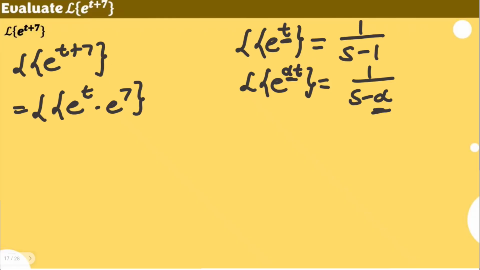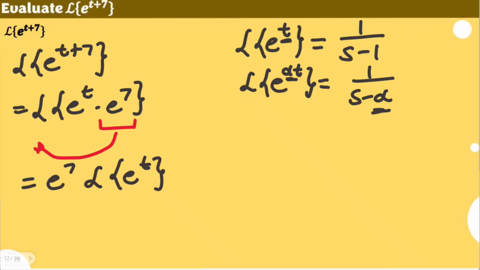Now, I mentioned this is actually easier, but what you are seeing here is a little bit complicated. The reason is that e to the power of 7 is a constant. According to the linearity property, you can simply take that out. Therefore, you have this form, e to the power of 7 times the Laplace transform of e to the power of t, because e to the power of 7 is a constant, it doesn't include any variable t.